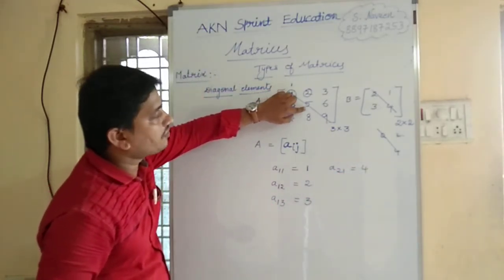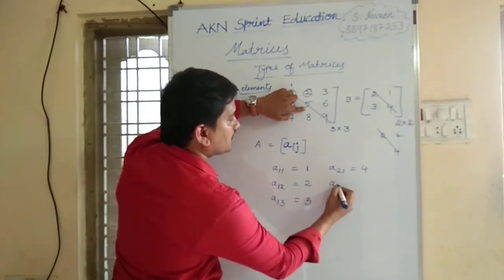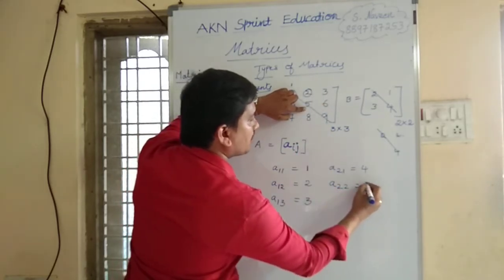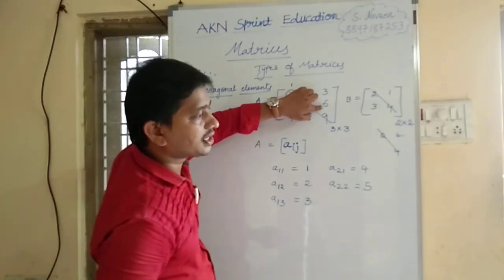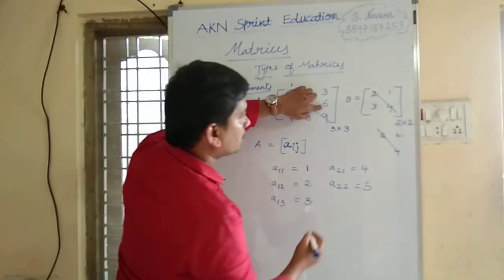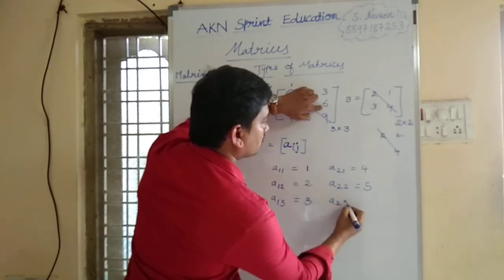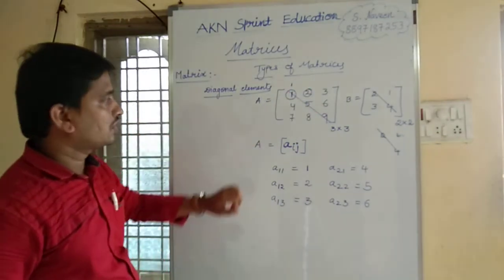Element 5 is in the second row, second column, so A22 is 5. Element 6 is in the second row, third column, so A23 is 6.